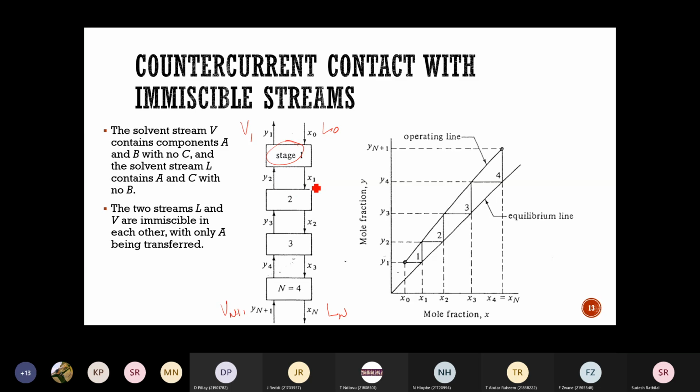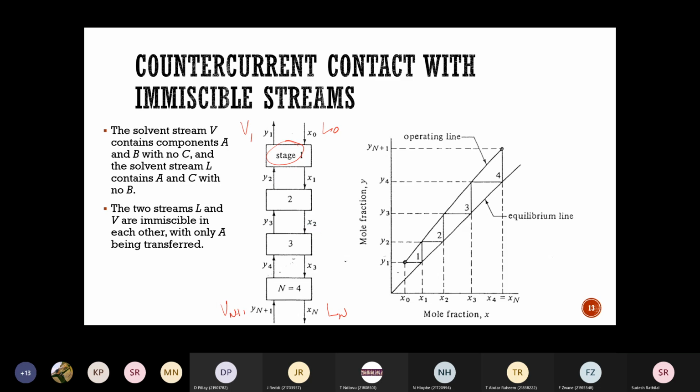X1 and Y2 are on the same side of the stage, so they'll be related by the operating line. Similarly, Y3, X2 will be on the same side of the stage, and their relationship will be given by the operating line. The relationship between Y2 and X2 is given by the equilibrium line.